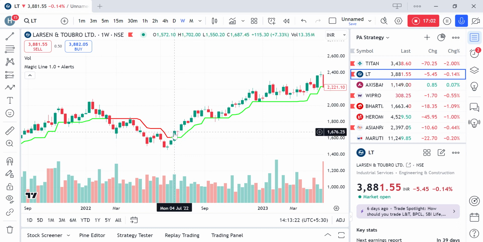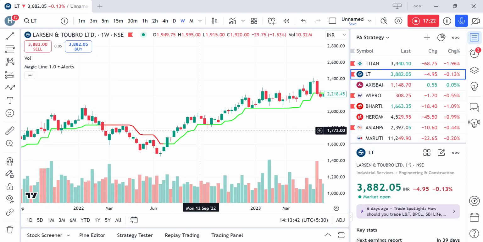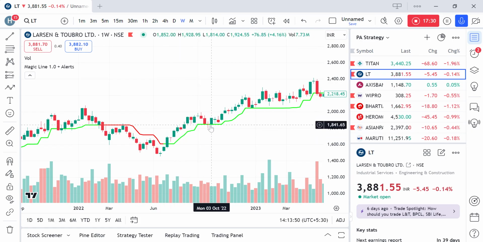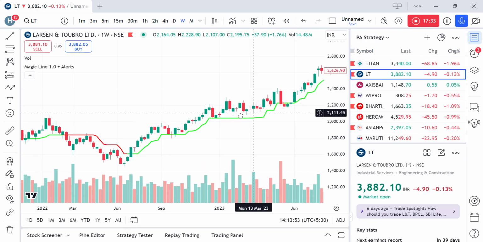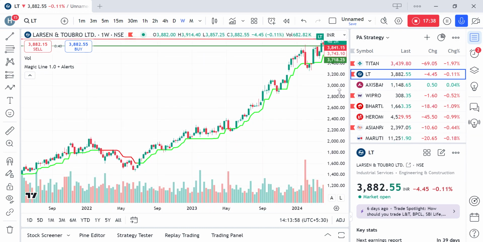This week closed in a doji type candle, and this week showed us that there can be an upside move in the next week. We can expect an upside move right after the crossover. So if we had made an investment decision in LNT in July 2022, there could have been a very good amount of profits.